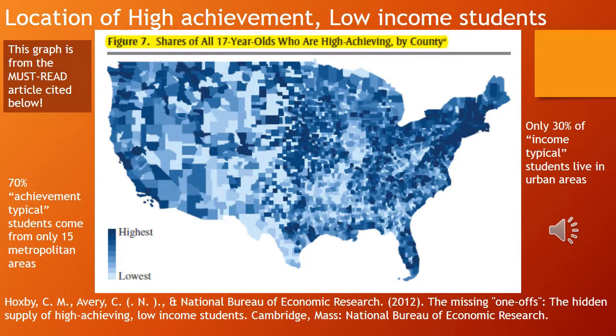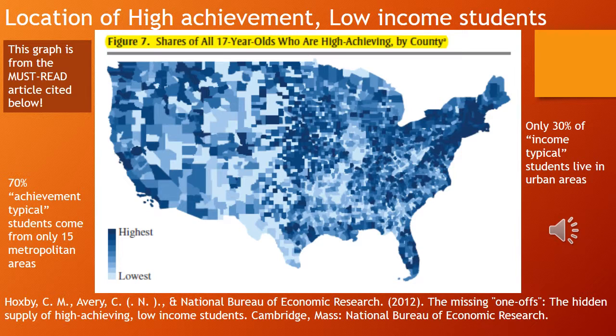This graph shows the population density of high-achieving 17-year-olds by county, and we can see there are areas where they're very concentrated and areas where they are few and far between. Only 30% of the income typical students that we are interested in live in urban areas. The other 70% live in the lighter colored areas of this graph.